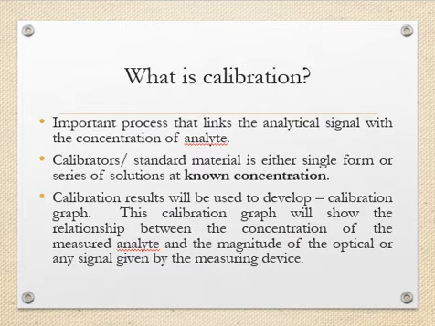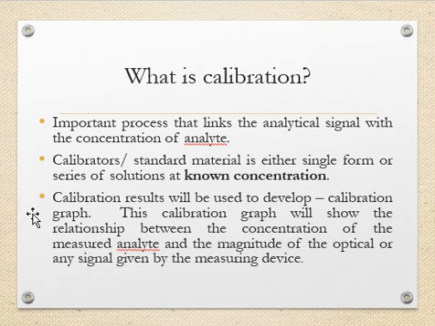So what is calibration? It is an important process that links the analytical signal with the concentration of analyte. Calibrators or standard material is either a single form or a series of solutions at known concentration. Calibration results will be used to develop a calibration graph.